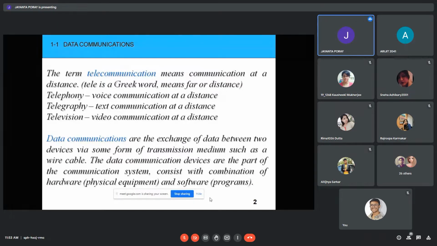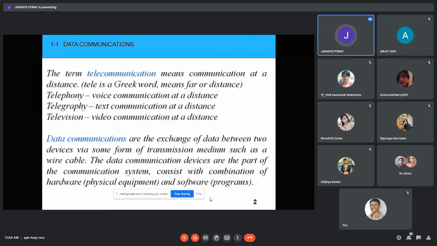Coming to data communications, the very basic difference from telecommunications is that in telecommunications we are not considering the exchange of signals. When I consider television, the signals come from the transmitter of the television infrastructure and provide this data to our systems.